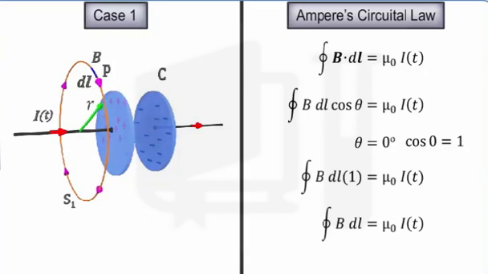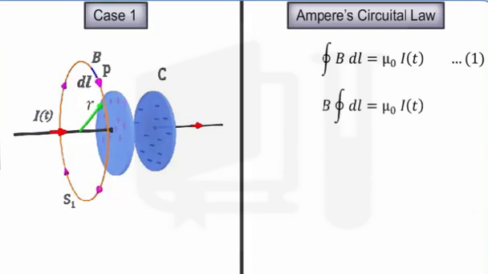The circular loop is symmetric with respect to the conducting wire. Hence, the magnitude of the magnetic field is constant at any point on the circumference of the circular loop. That is, B into the integral over the closed loop of dl is equal to mu naught I(t).